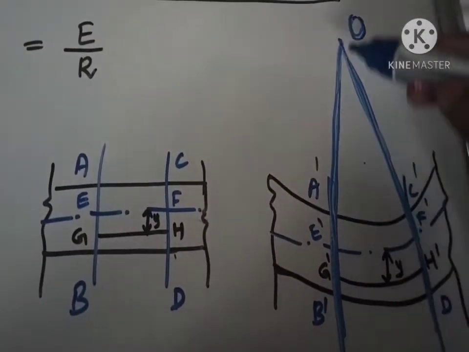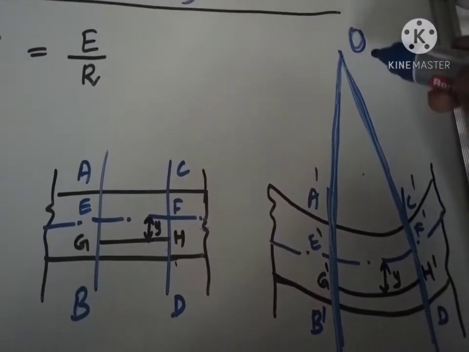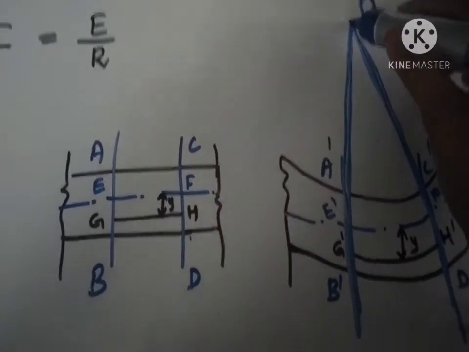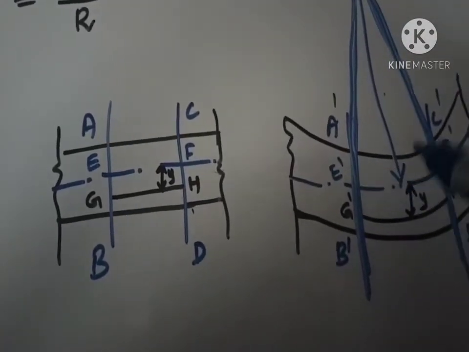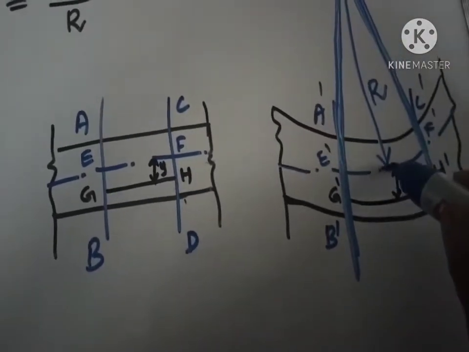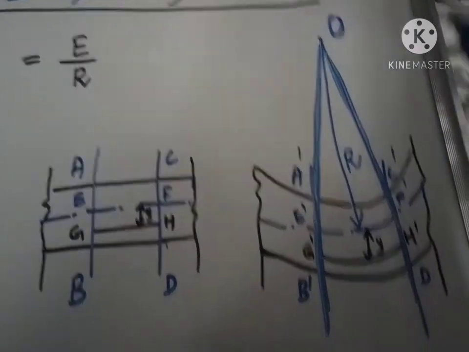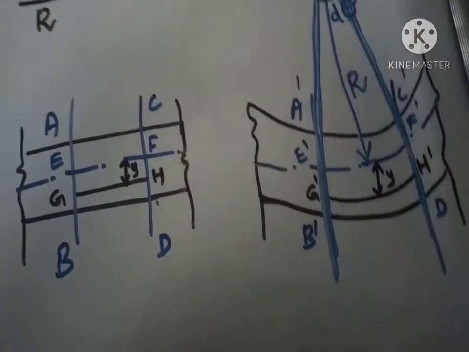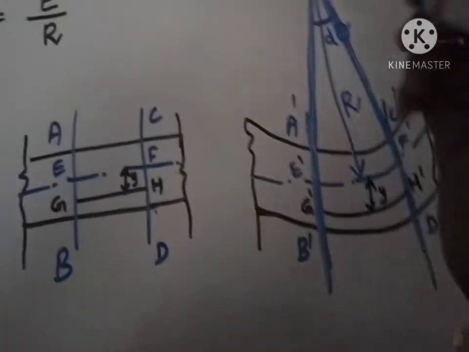We are assuming O to be the center of curvature, and let R be the radius of the curvature. So R is up to the neutral axis. Let this angle be d theta.